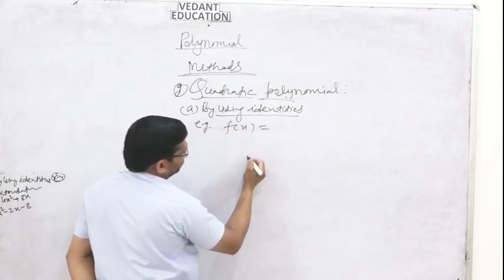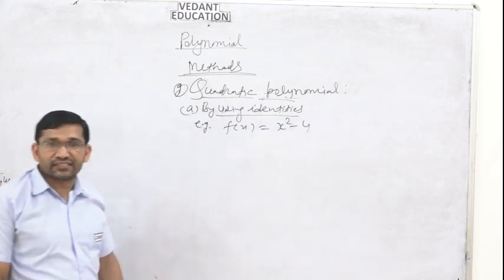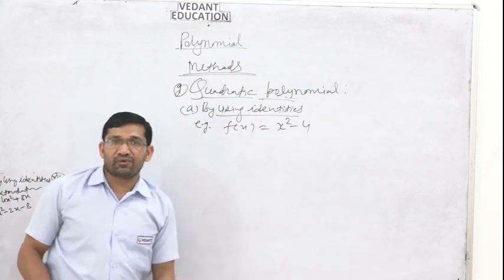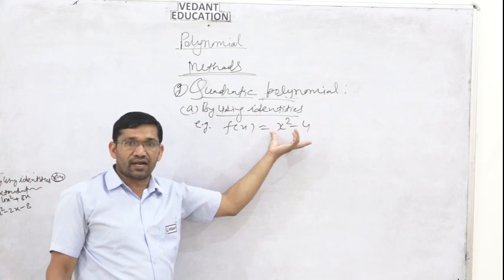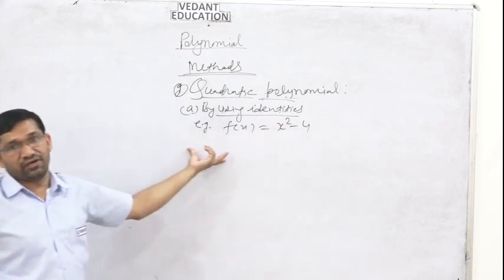For example, suppose f(x) is equal to x square minus 4. This is a quadratic polynomial because the degree of this polynomial is 2. Now we want to find the zeros of this polynomial.